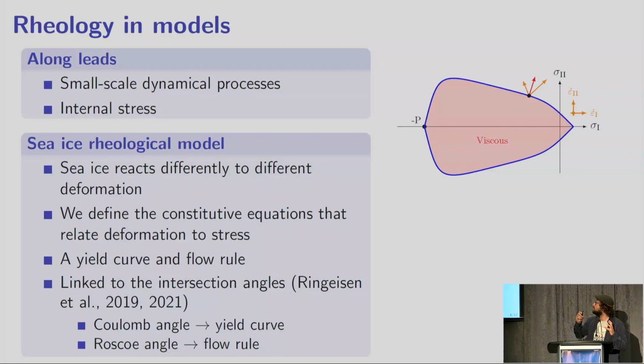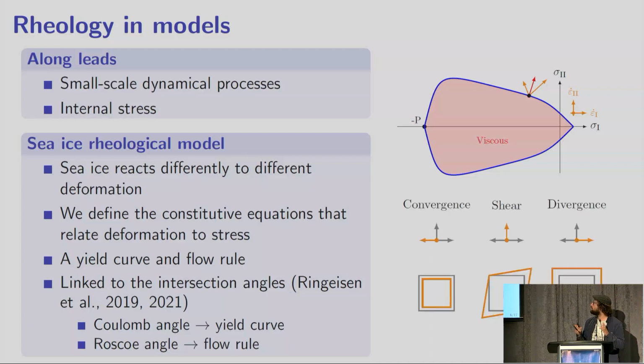We use the yield curve to model the stress at fracture for different shear and normal stress. And because it's a plastic model, there's a plastic flow rule, and the flow rule is the direction of deformation. You can see the angles, the little arrows on the yield curve.